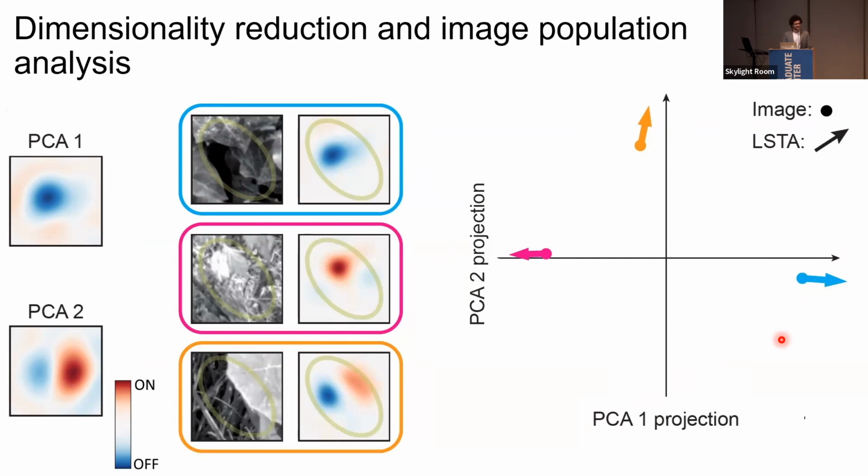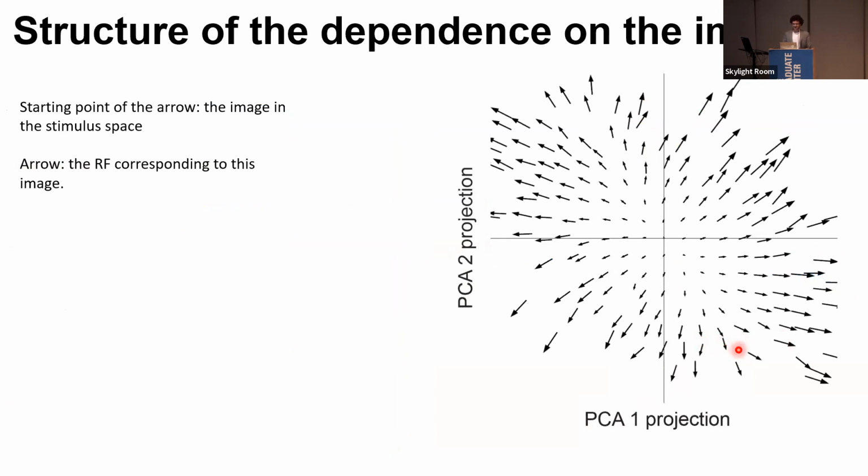And if we repeat this for the 3,000 natural images, for those cells that show this on-off polarity change across local STAs, we see a vector field that has a structure like this one. So it's not a random variation, but it has a structure in the stimulus space. And this type of vector field is quadratic, and it has an intuitive explanation, and I will try to give you an intuition of it.